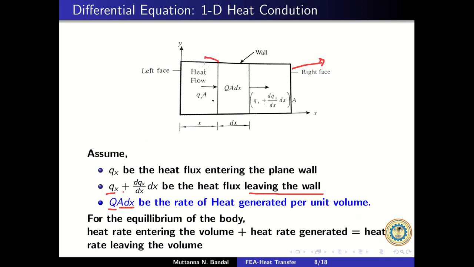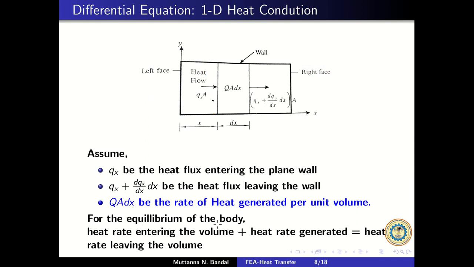If I take this as the cross-section area, this area times dx gives the volume. The heat generated in this volume is Q̇ · A · dx.